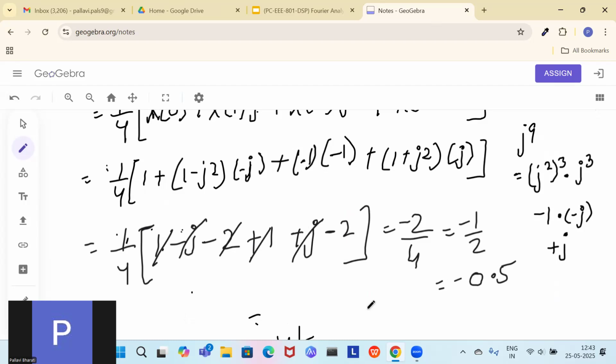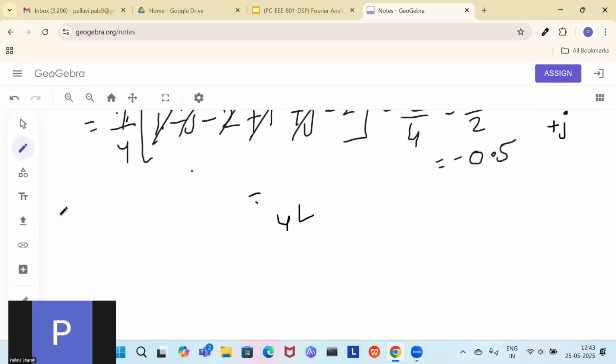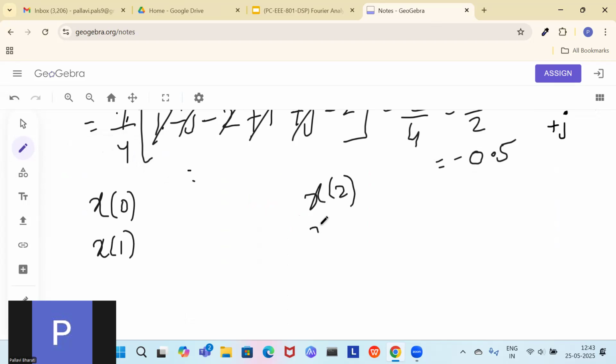So finally, the value of xn that we will be getting is how much? So it will be for small n equal to 0, 1, 2, and 3. So let us see the values we have got. X of 0, x of 1, x of 2, and x of 3.